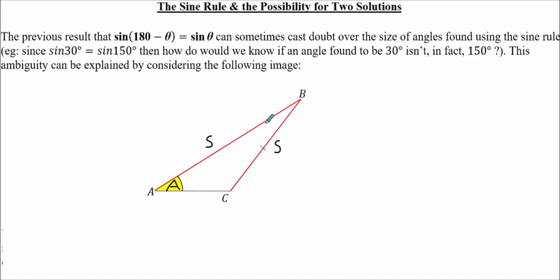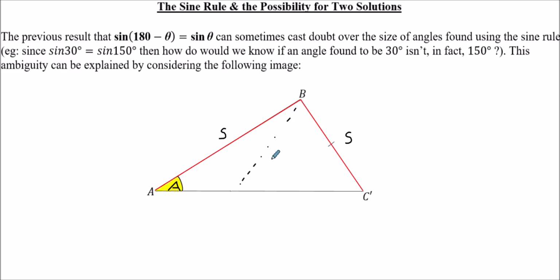So keeping these lengths exactly the same, I could also have arranged this triangle ABC like this. That's also the same angle, that side's the same, and that side, which was here, I've just moved that way, rotated about B, and it could go there.